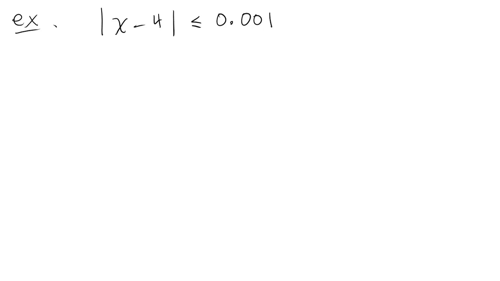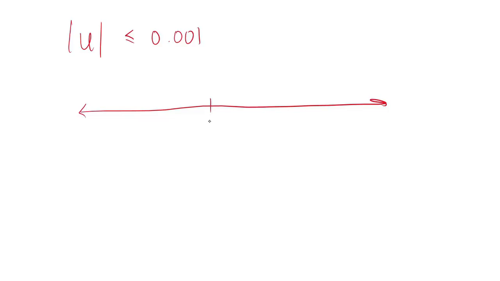I want to break this one into its cases as well because the absolute value bars are already isolated. Let's consider what it means for the absolute value of a number to be less than or equal to 0.001. Well, that means that your distance from 0 is within 1/1000th. So 0 lives here. We could be as far away as positive 1/1000th or as far away as negative 1/1000th.